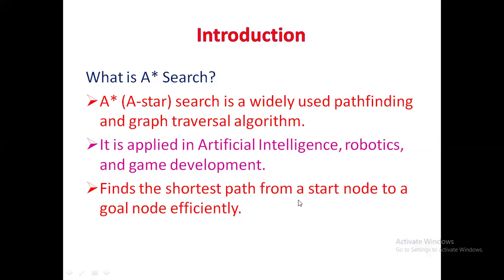The algorithm intelligently balances actual path costs and heuristic estimates, making it highly efficient in navigating large and complex spaces. Unlike uninformed search algorithms, A star incorporates domain-specific knowledge, allowing it to prioritize promising paths and minimize unnecessary computations.